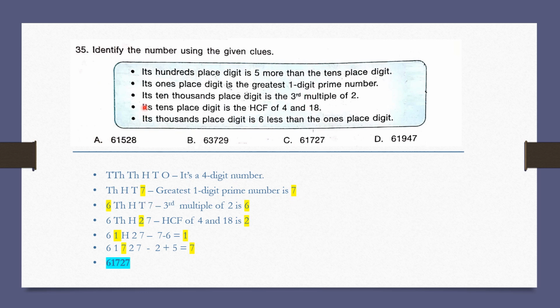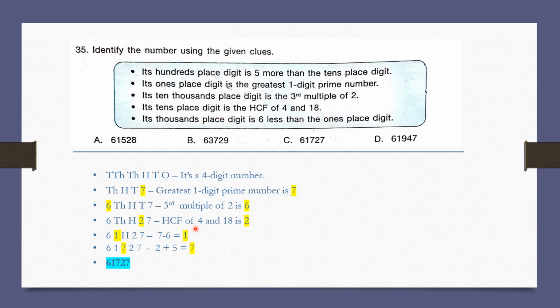Now see the next clue. Its 10,000 place digit is the third multiple of 2. So the third multiple of 2 is 6, and we replace the 10,000 place with the 6. Now let's see the next clue. Its tens place digit is the HCF of 4 and 18.